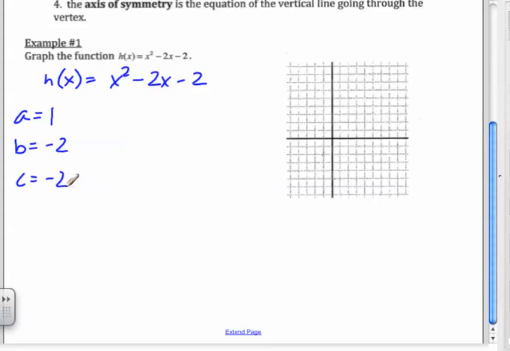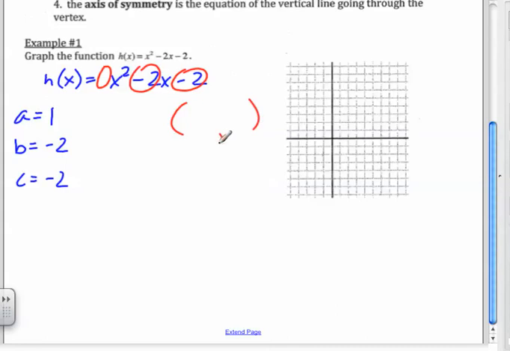The first thing I'm doing is finding the vertex. Okay? All right? So, it's the coefficients, right? A, B, and C. Okay? Just like I would plug them into the quadratic formula. All right. I'm looking for the vertex.